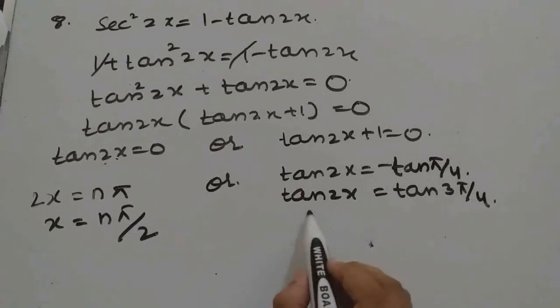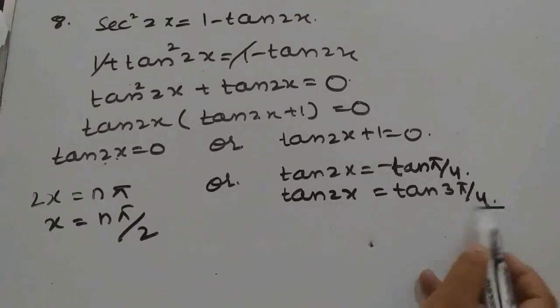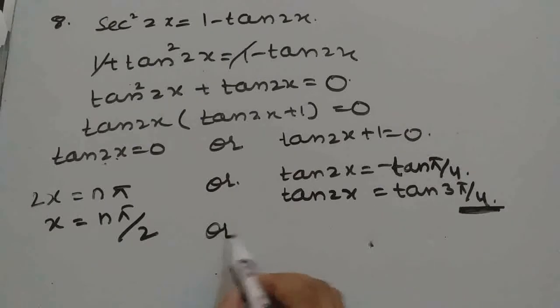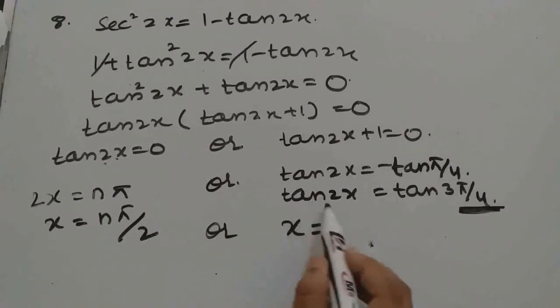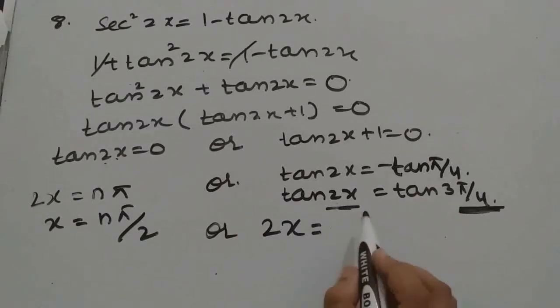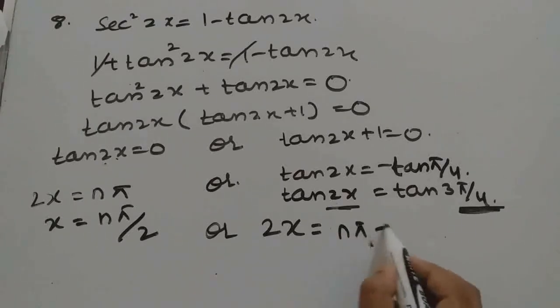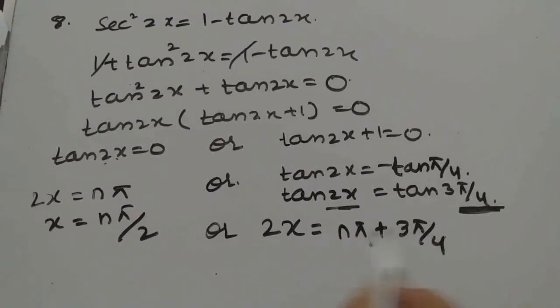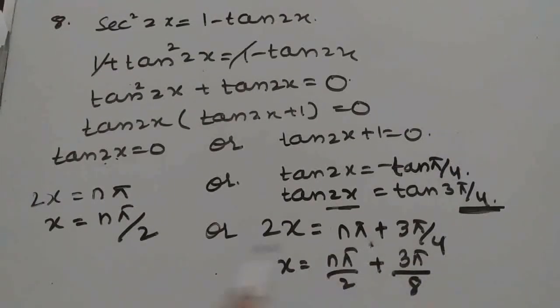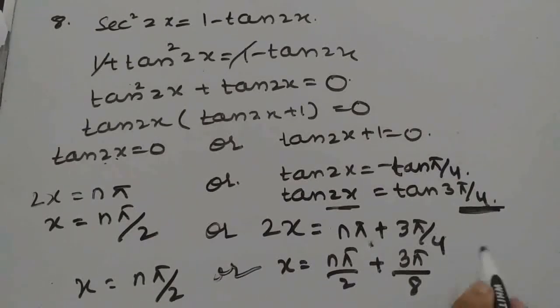Okay, so we have the rule tan x is equal to tan y. So 2x is equal to n pi plus y, so x will be n pi by 2 plus 3 pi by 8. So x is equal to n pi by 2, or x is equal to this, n belongs to Z.